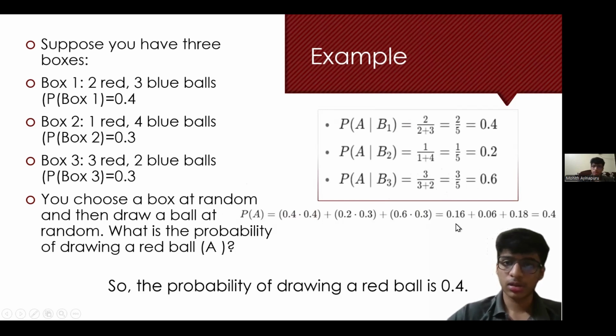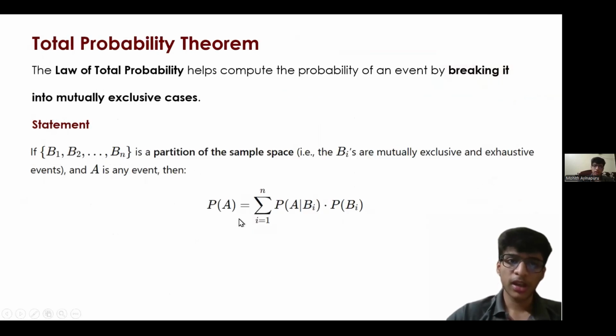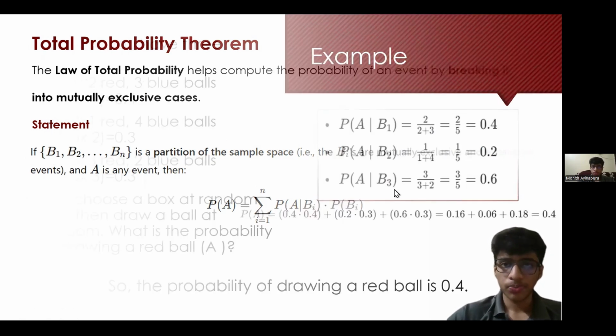Now we substitute this into the equation, with i from 1 to 3: P of A given B1 times P of B1, plus P of A given B2 times P of B2, plus P of A given B3 times P of B3.